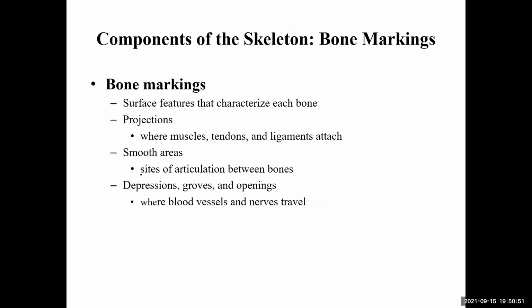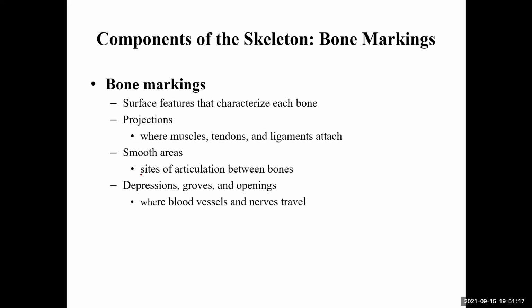So as we go through this chapter, we're going to be seeing bones, and then the structures on the bones, or the anatomical landmarks, but also what we call bone markings. So one of the things I do want to recommend to you folks is when you're studying this chapter for lab, that you really take the time to know the bones. And when I say know the bones, like if I were to hold up a bone in front of you and I say, what bone is this?